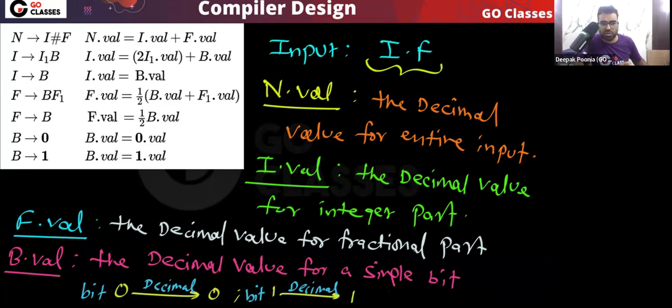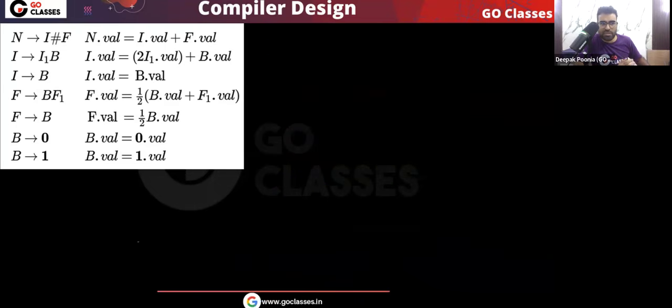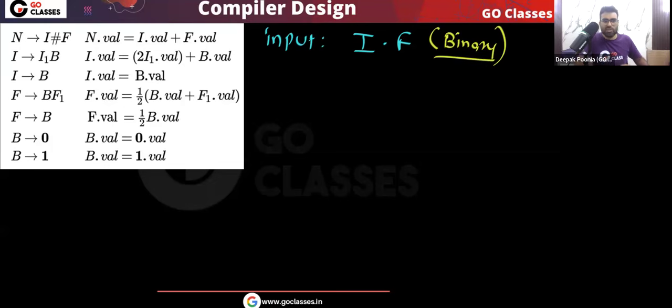I hope you understood this so far. Now very simple. Remember, if your input is I dot f, that is integer part dot fractional part, of course this input is in binary. Now notice what we are doing. Basically, you are finding the equivalent decimal for this binary input.